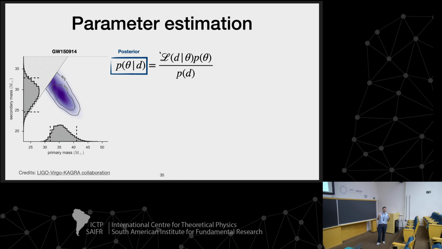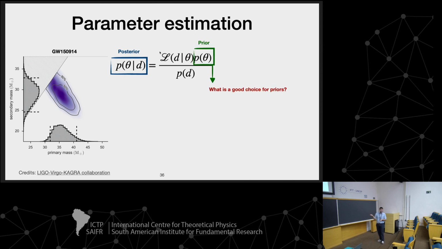This is a usual measure that is provided with gravitational waves. If your 90% credible interval is very narrow, it means that you know a lot about that particular signal. Otherwise, you don't.